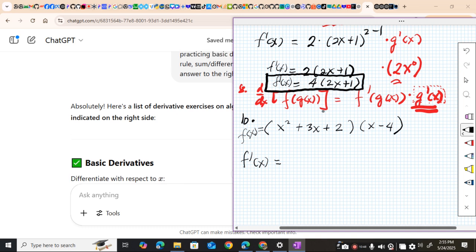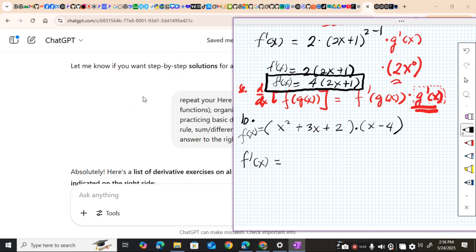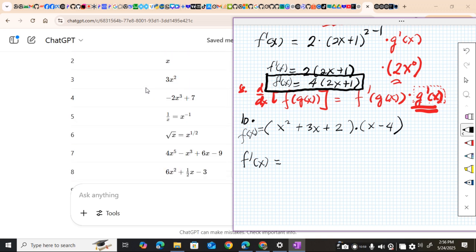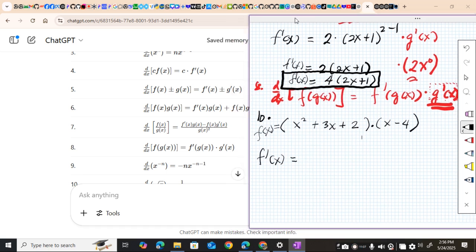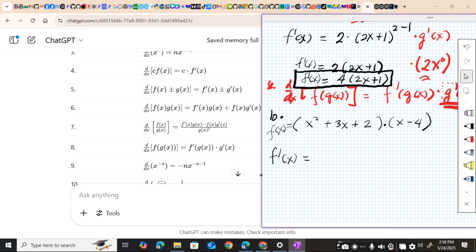Since this is a product of quantity x squared plus 3x plus 2 and quantity x minus 4, according to our cheat sheet here, for the product, if we have the derivative of a product f multiplied by g, all we need to do is take the derivative of f multiplied by g, add it to f multiplied by the derivative of g, which is g prime.